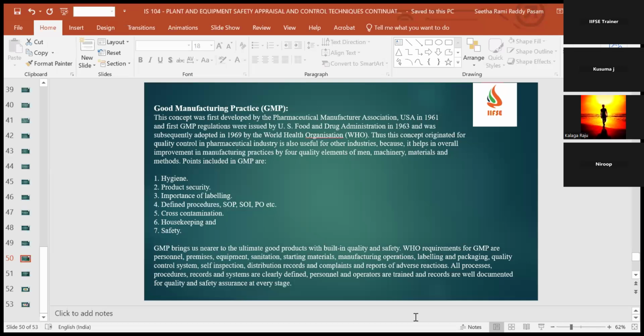So here they will look at all the aspects with respect to materials, people, equipment, and also record maintenance. Record maintenance is a very key aspect, especially in GMP, for each stage.